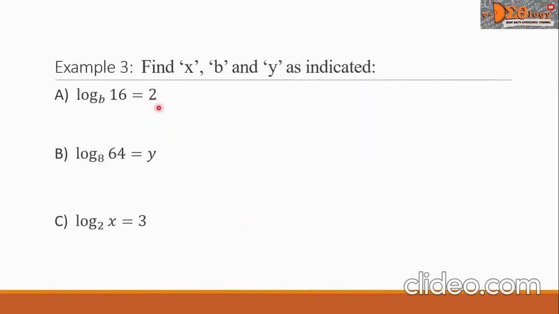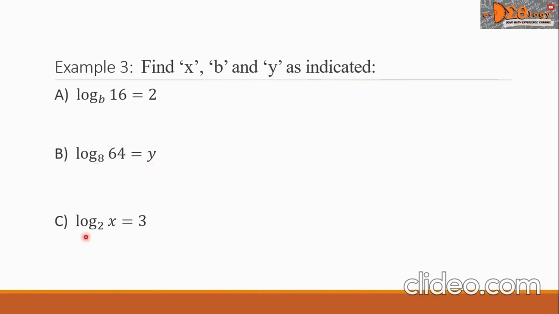Let's have example 3. Find x, b, and y as indicated. So we have here 3 problems, A, B, C. Letter A is log of 16 to base b equals 2. Letter B, log of 64 to base 8 equals y.